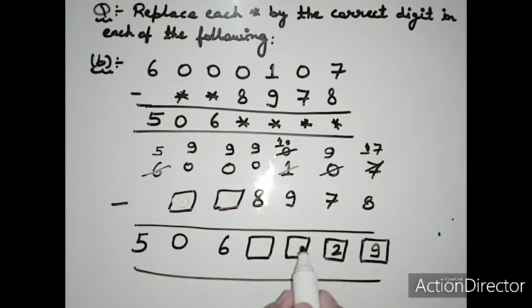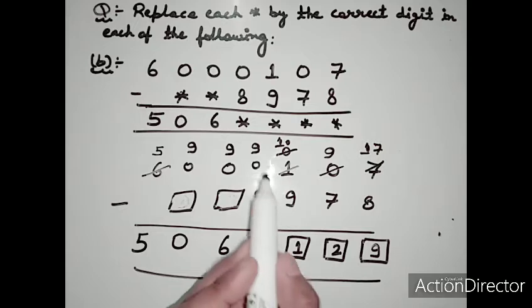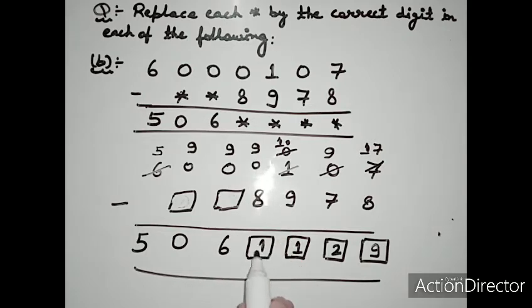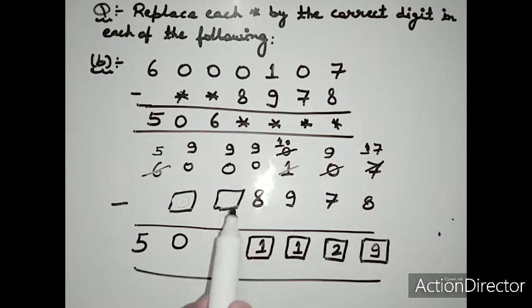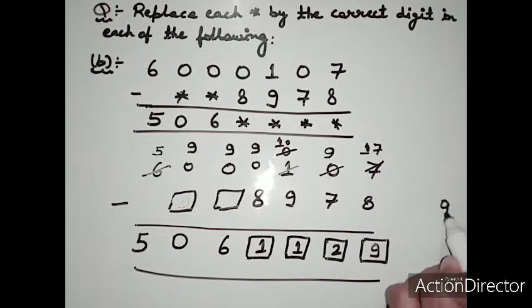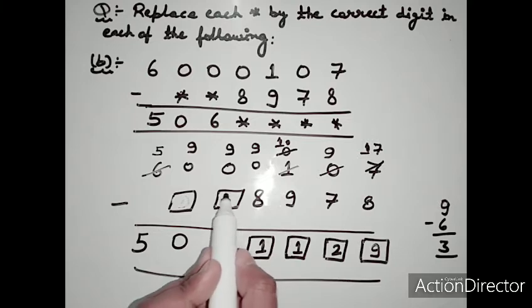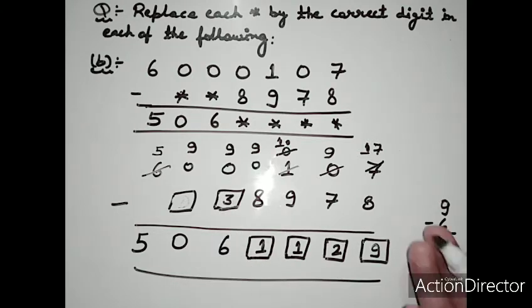Now 10 minus 9, 1 and 9 minus 8, 1, and here we subtract 6 from 9, so we get some difference here. So here we write this difference in this blank box. So what is the difference when we subtract 6 from 9? So we get 3 here, so here we write 3, and we also check our answer and we subtract 3 from 9. So what is the difference? 6. So here we write 6 here.